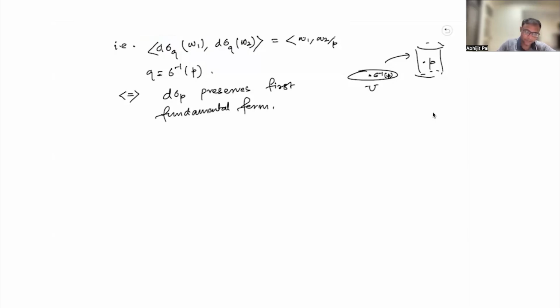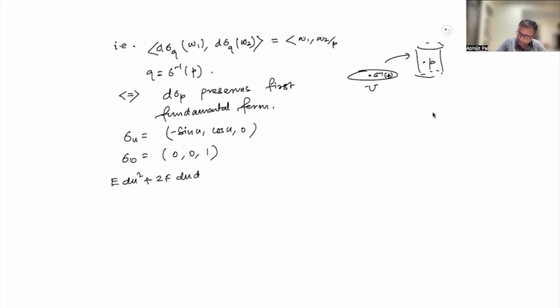Now let us compute this first fundamental form. So sigma_u will be equal to (minus sin u, cos u, 0), and sigma_v will be equal to (0, 0, 1). The first fundamental form on the cylinder is E du square plus twice F du dv plus G dv square.